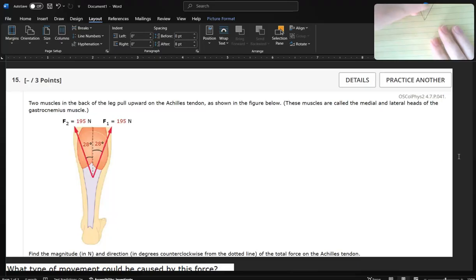But the nice thing is, since they're both acting with the same magnitude in opposite directions, the horizontal components are going to cancel out. So we really just have to worry about the vertical components.